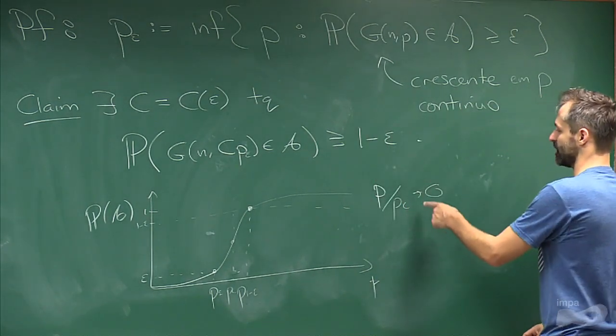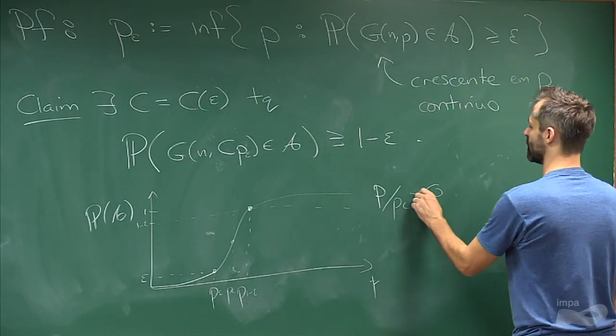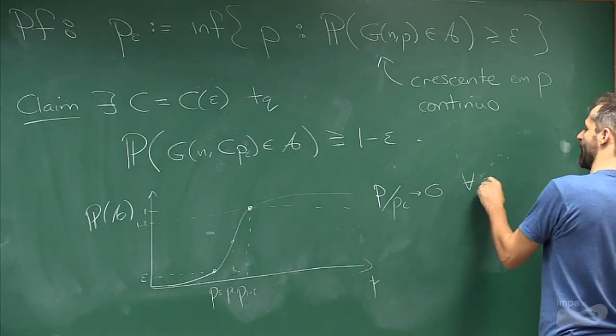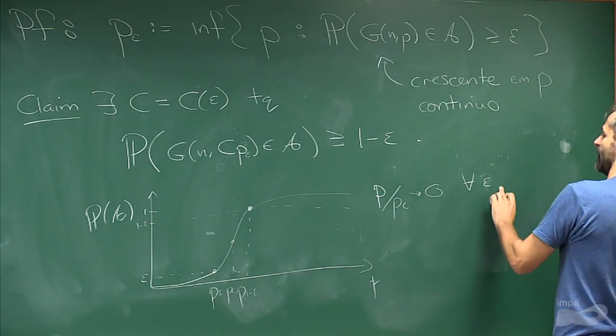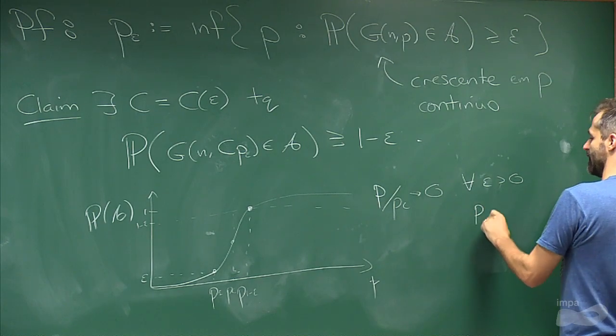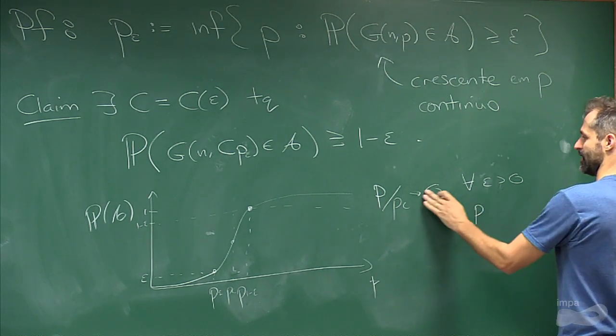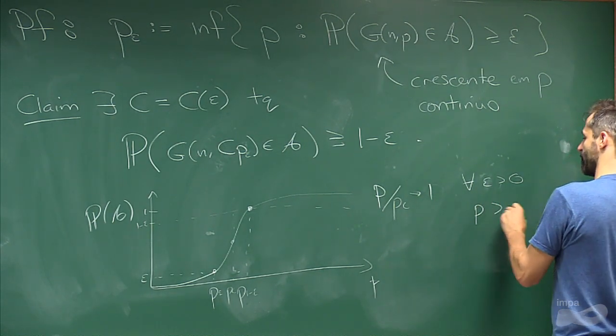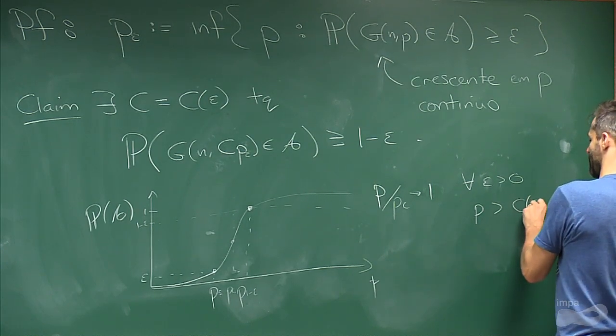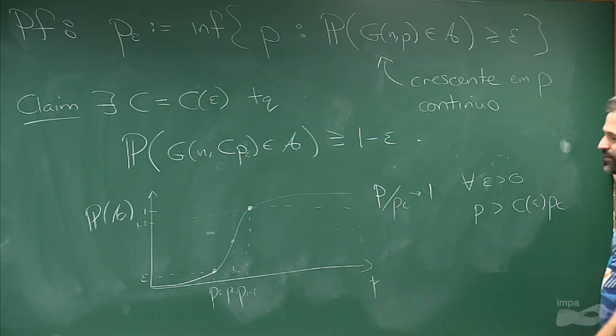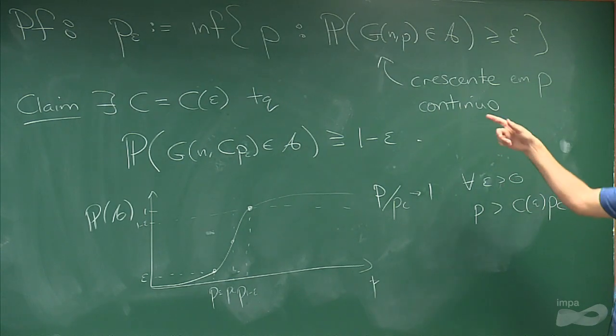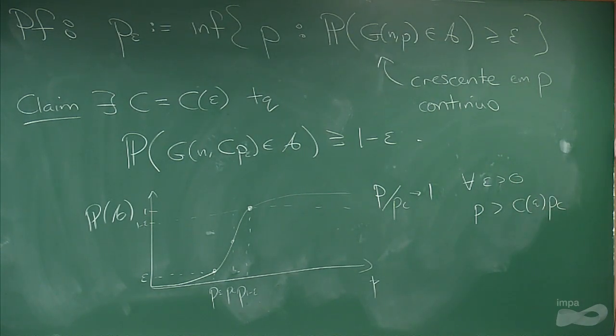So this going to 0 just says that for all epsilon, p is greater than C of epsilon times PC. This C is going to go to infinity as epsilon goes to 0, at least in the proof.